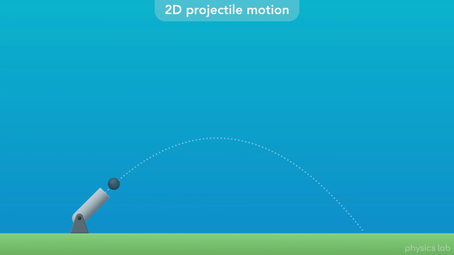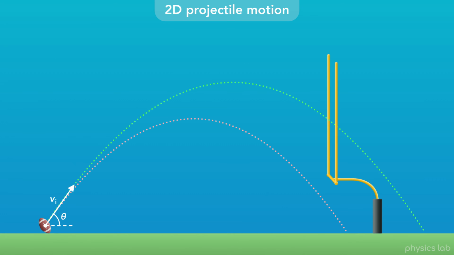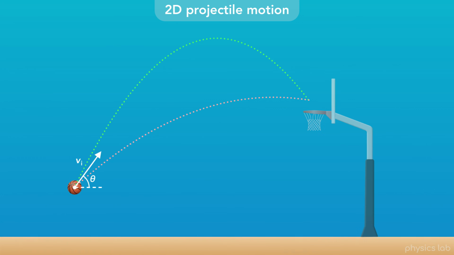Whenever an object moves sideways through the air, it's in 2D projectile motion. This shows up everywhere, especially in sports. The initial velocity and angle determine how far the ball travels and how high it is at each point. They also determine the direction of the velocity at every point along the path.